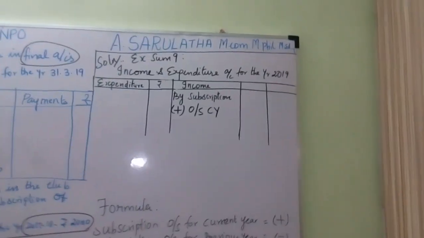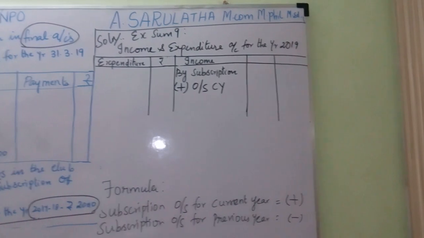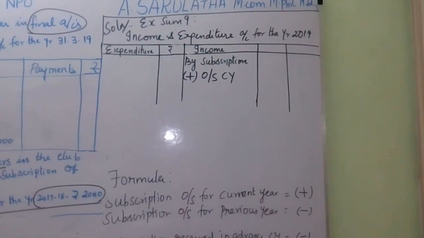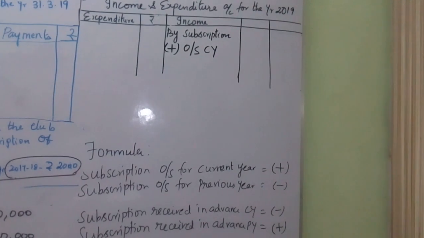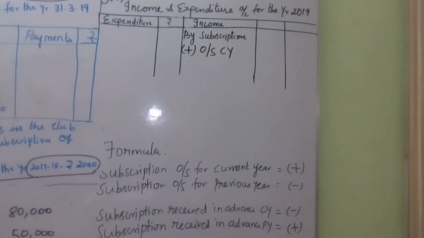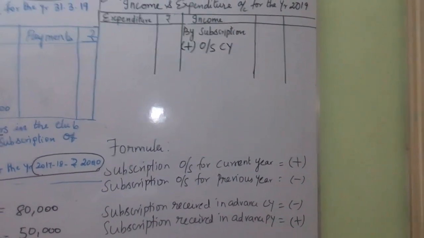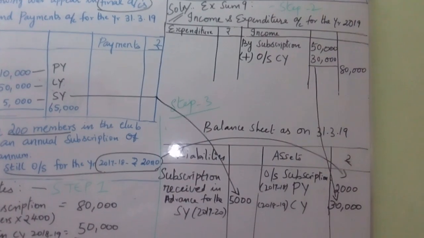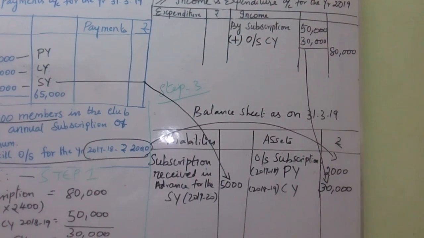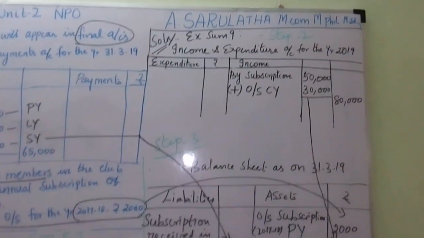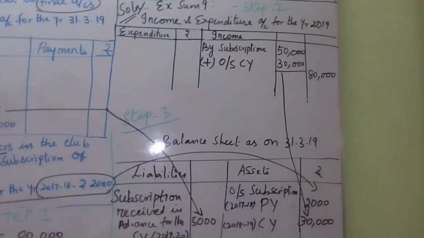And the next step is we have to put the format for the income and expenditure account, and we have to write by subscription, and write the current year subscription amount. With that, we have to add the outstanding for the current year. Now we have calculated the outstanding for the current year. We have put it in the income and expenditure, step 2, by subscription.